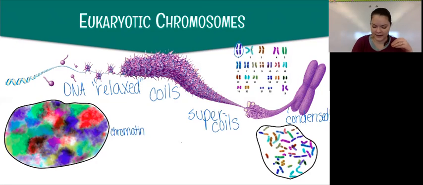So in the condensed form, we have two molecules that are stuck together. Each one of them is called a chromatid, and they're held together. Sometimes you'll see each one called its own chromosome. Sometimes you'll see the pair of them together called a chromosome. Now you see where the confusion comes in. So we're just going to call that pair a pair of sister chromatids.